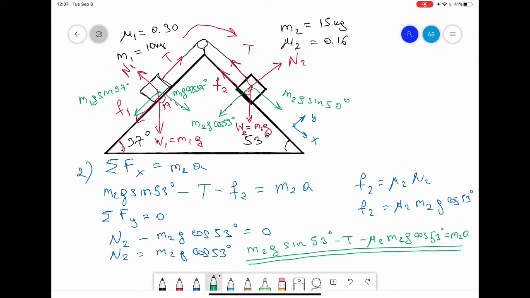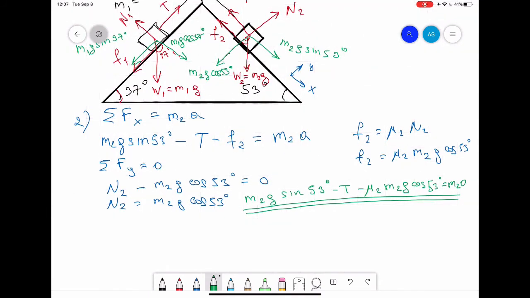Now let's write down the equation for the left side. Okay, for the left side, let's write down that the sum of the forces in x direction is equal to m1a, right? Now what is the sum of the forces on the left box?